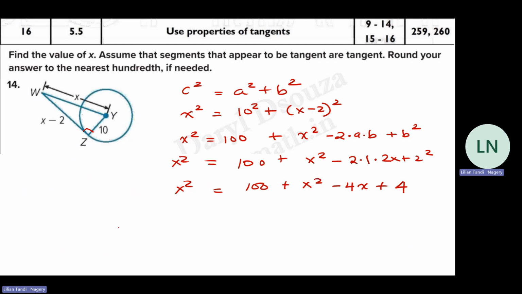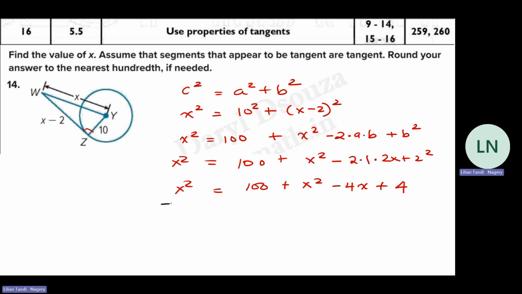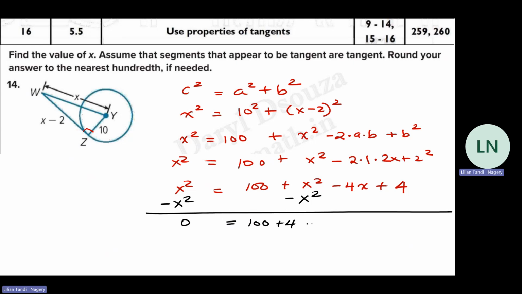Then now I can subtract. X squared goes away. So now this is 0 equals 100 plus 4 minus 4x. So this is 104 minus 4x equals 0.